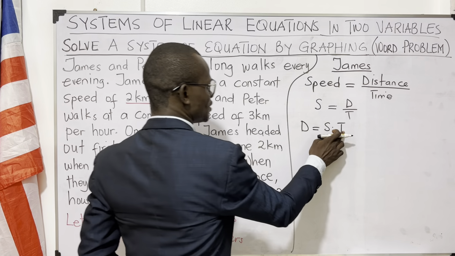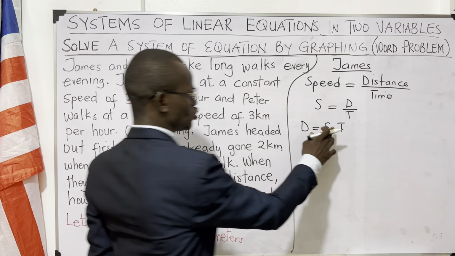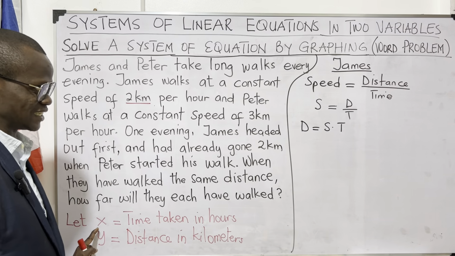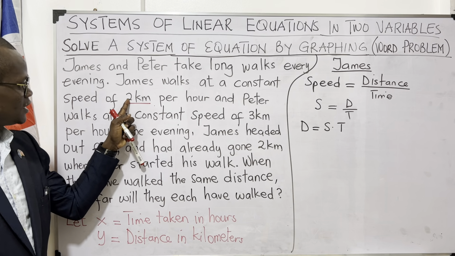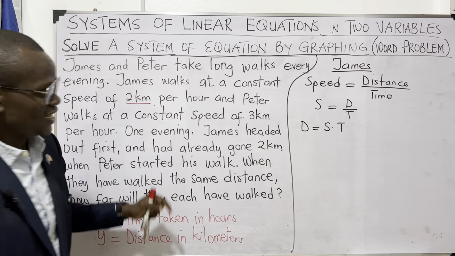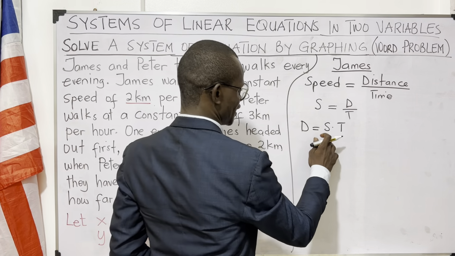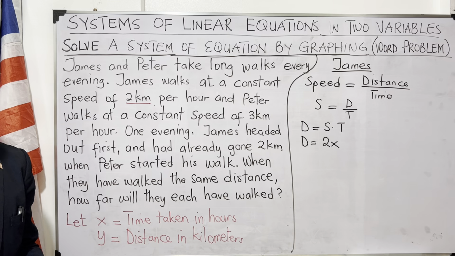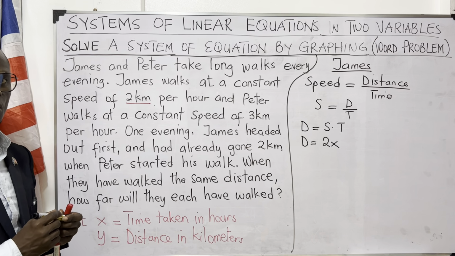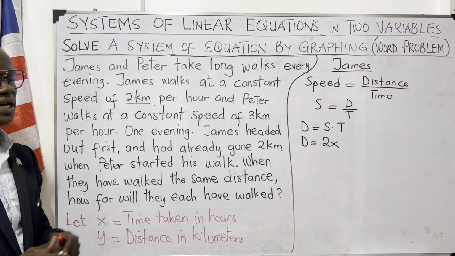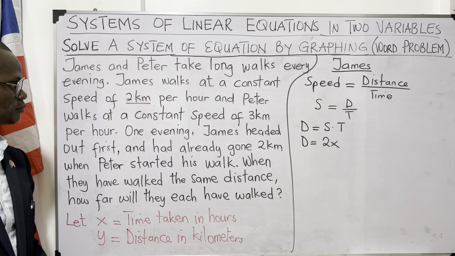The time is unknown, so time here is X. The speed is S, so the distance is 2 kilometers times the time, which is X. So it's 2X. That's the first distance James covered, at 2 kilometers per hour. That is James first.